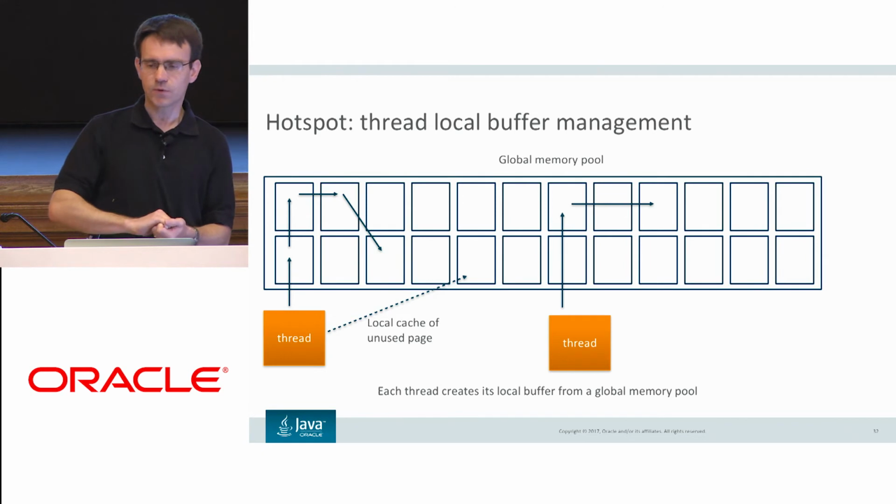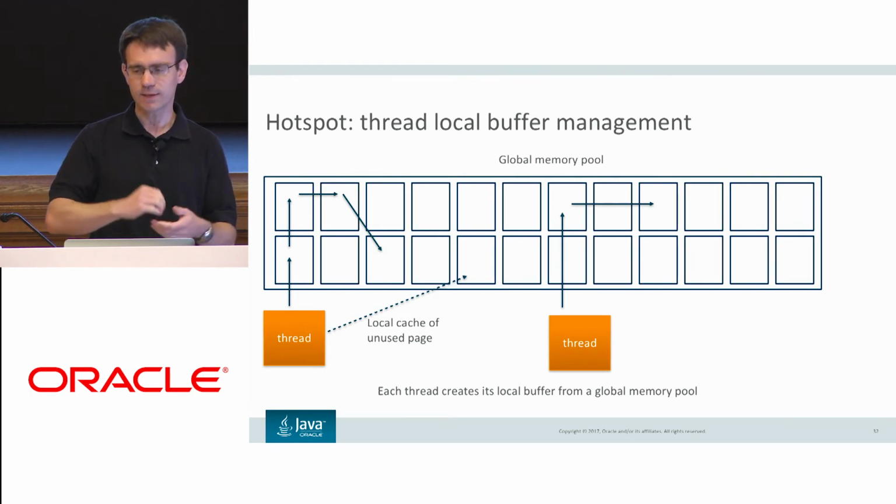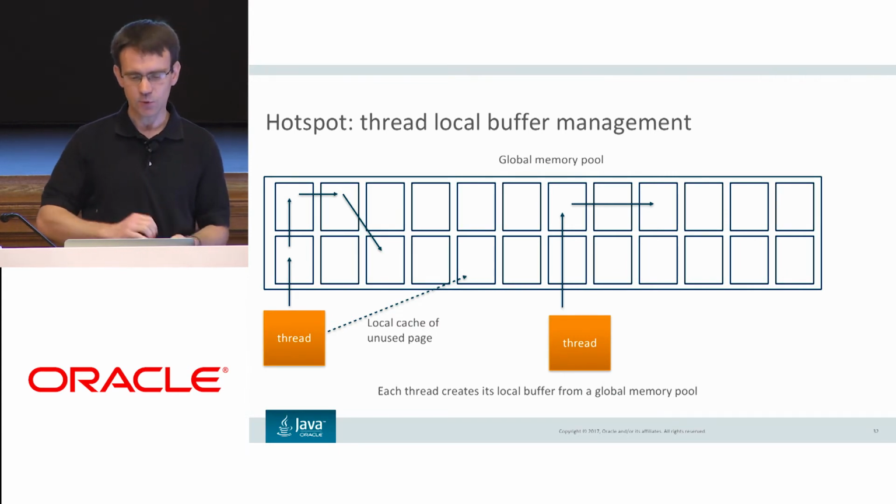We didn't want to force each thread to allocate a static thread local buffer, because it's just like extending the stack. We wanted something much more dynamic. What we did is we implemented a global memory pool for all threads. And each thread builds its own thread local buffer by taking pages from this global pool.